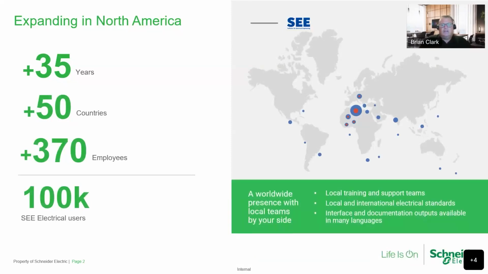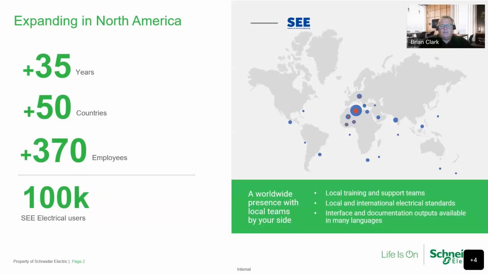So the Schneider Electric acquisition of C Electrical started in 2018 and finalized all share purchases somewhere in the middle of 2021. Schneider was evaluating a software to be its global standard at our engineered to order plants, and they chose C Electrical before the company was eventually acquired.